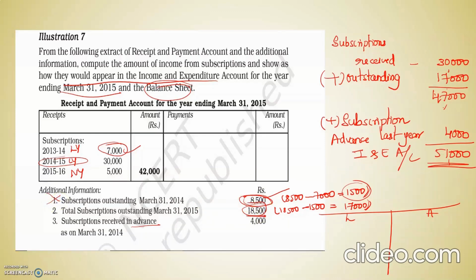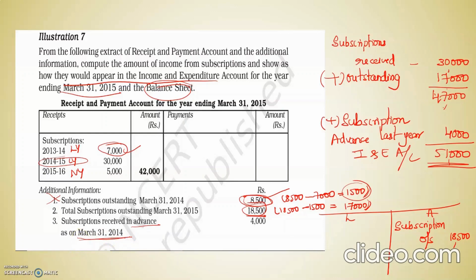Coming to the second information, outstanding on closing date, current year closing date. So in the current year balance sheet we have to show that subscription is income. Income outstanding is an asset. So on the asset side we have to show subscription outstanding 18,500.